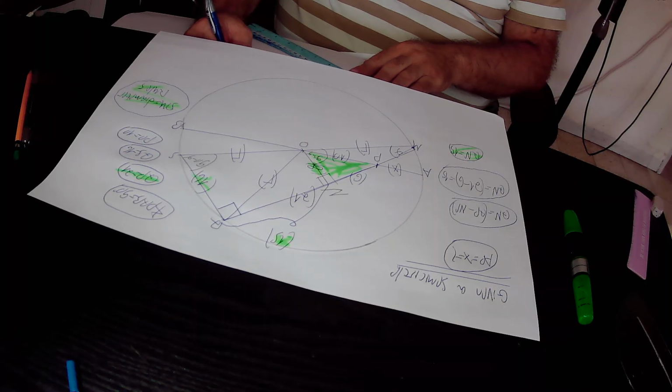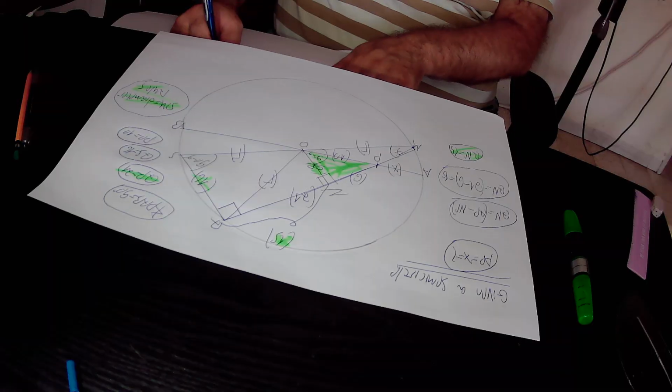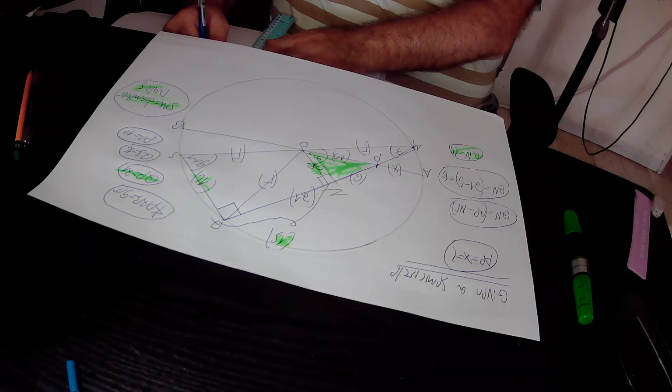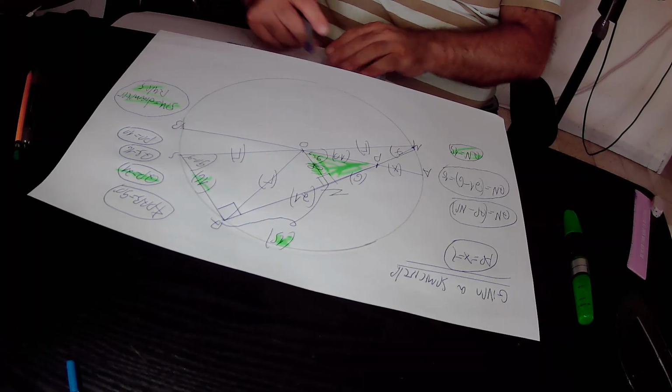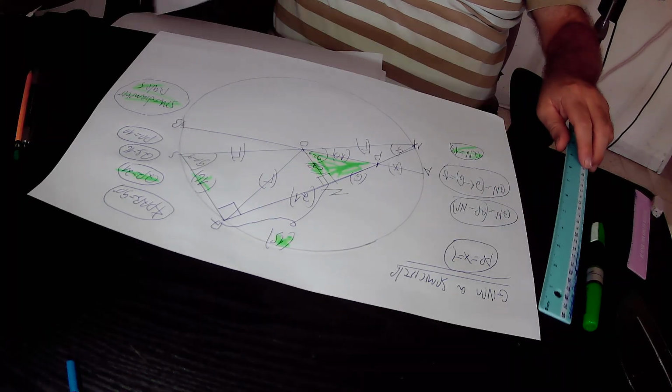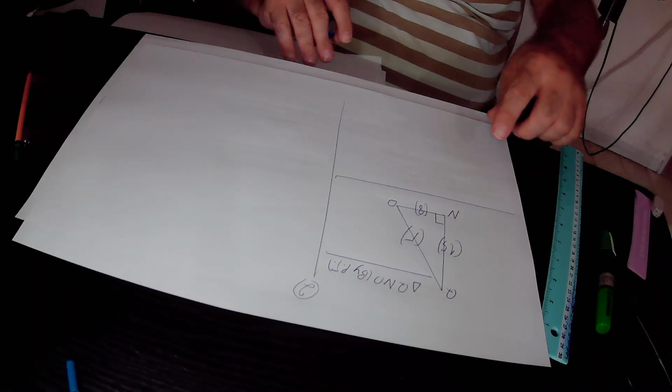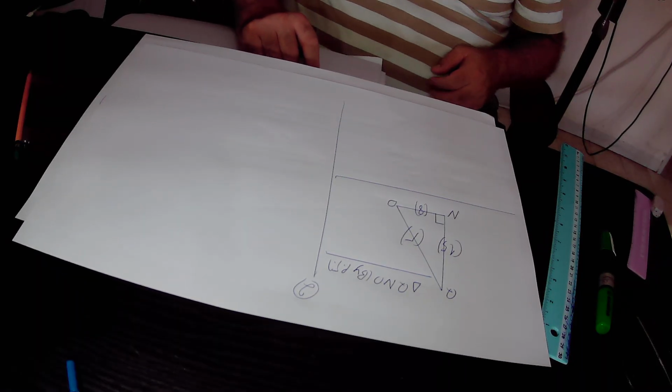Here PT is the measure for Pythagoras theorem. So actually this is the right triangle Q and O that I copied from the original drawing.